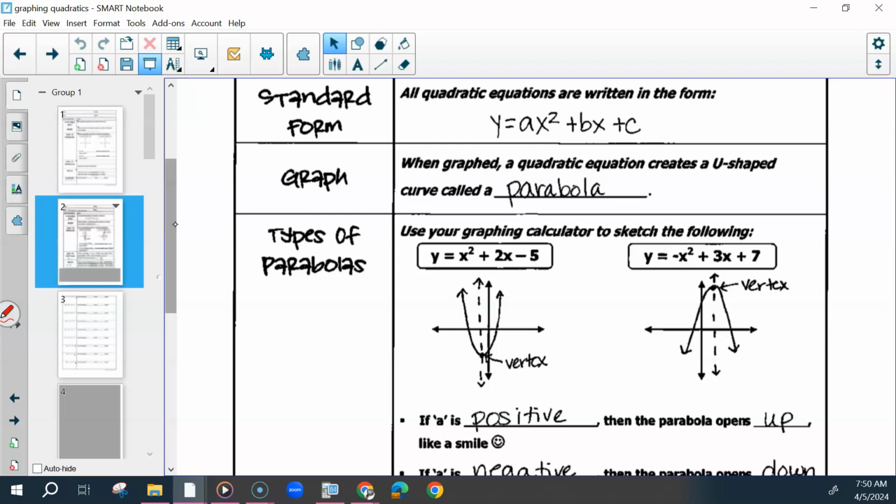To the best of your ability, I want you to draw these two rough sketches. Draw in the axes, draw the U-shape, make sure there's a point on there that says vertex, and draw this dashed line through it. To the best of your ability, it doesn't have to be perfect.